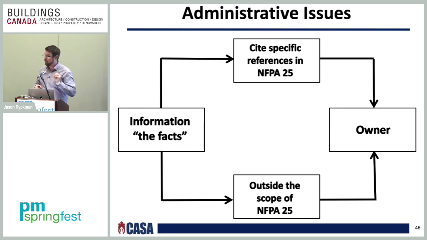That is the property of the owner. So the owner ultimately does not give that to anyone unless specifically asked by the authority having jurisdiction. Okay? Because that is the property of the owner or owner's representative. You only have to provide that information when the authority having jurisdiction asks for it.